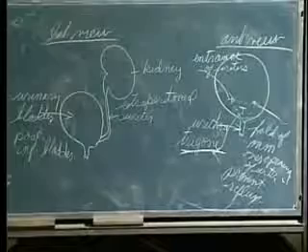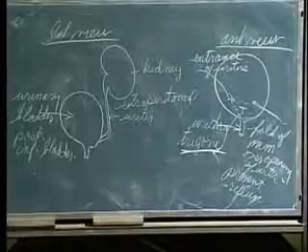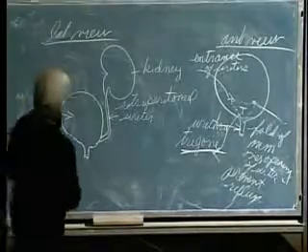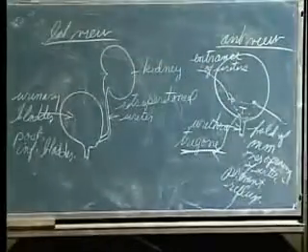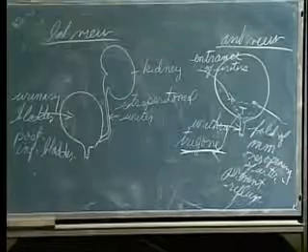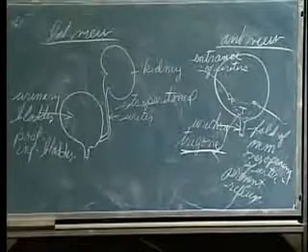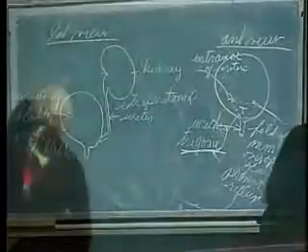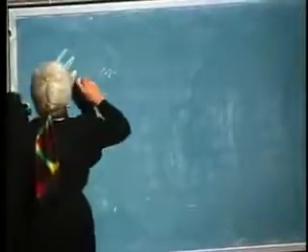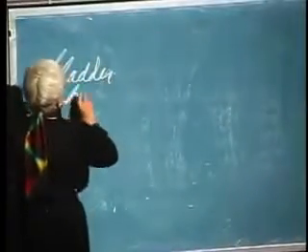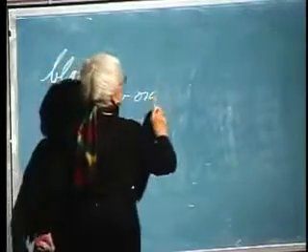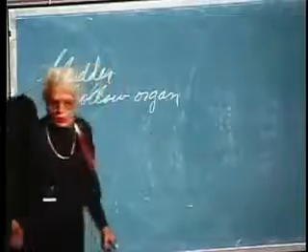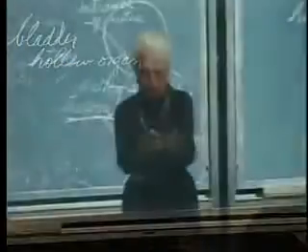Now, what can we say about the bladder? Well, it's a hollow organ. It's lined again with transitional epithelium because after you urinate, it shrinks.